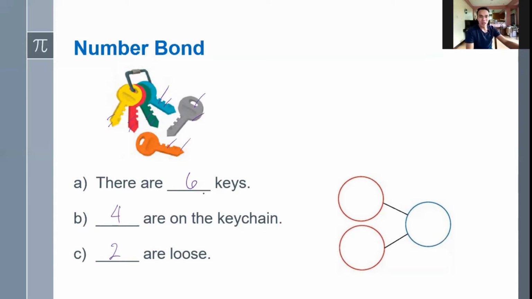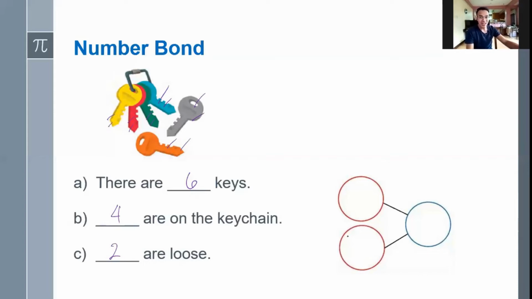Now, if we are going to write these numbers 6, 4, and 2 in a number bond, which number do you think is written inside this whole? Is it 6? Is it 4? Is it 2?